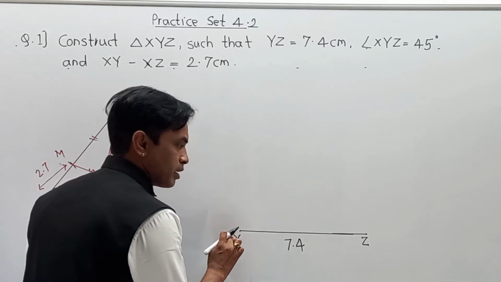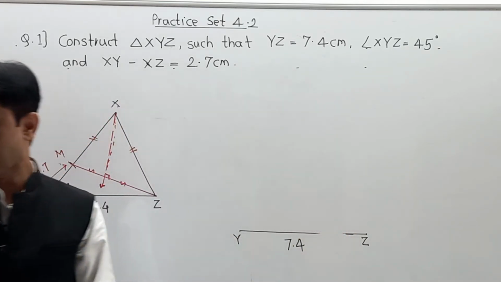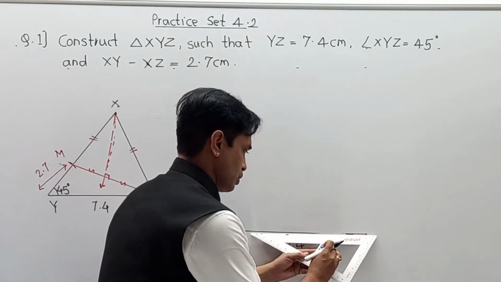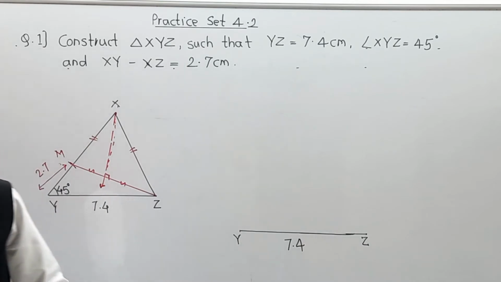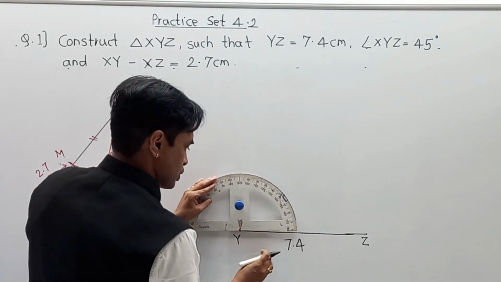So from Y we have to take an angle of 45 degree with reference to the horizontal line. After drawing this horizontal line, we are going to take an angle of 45 degree.